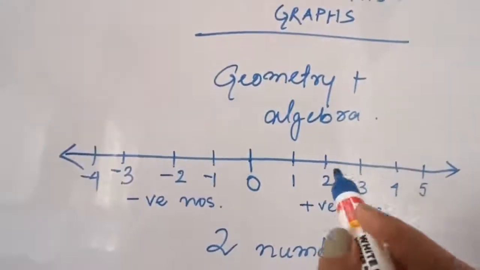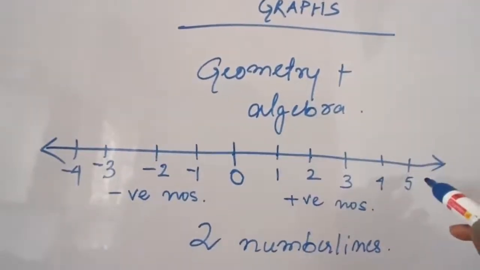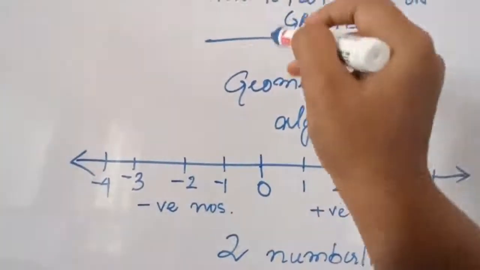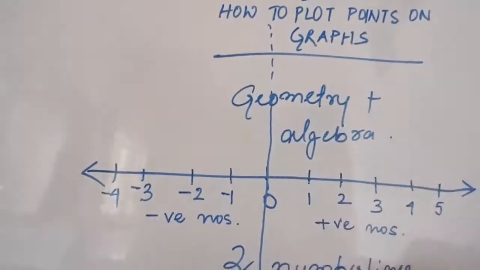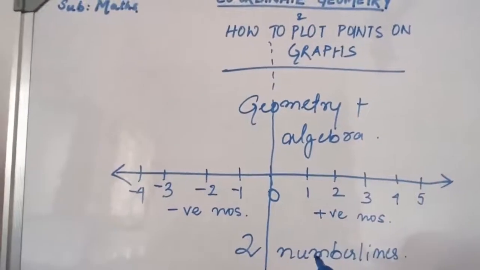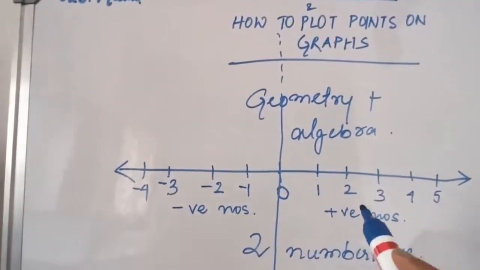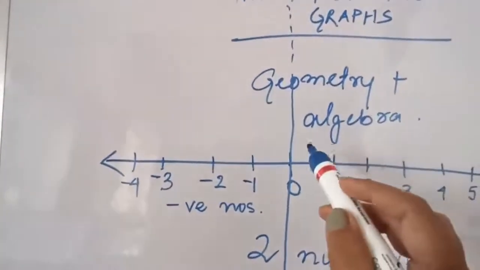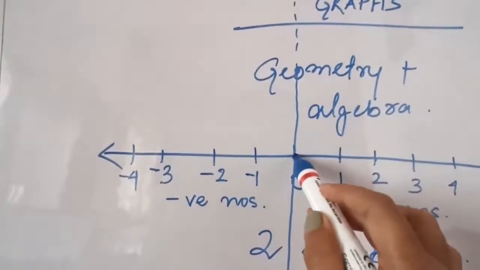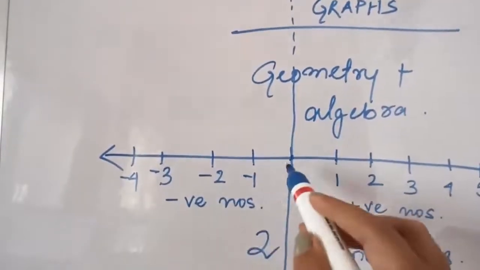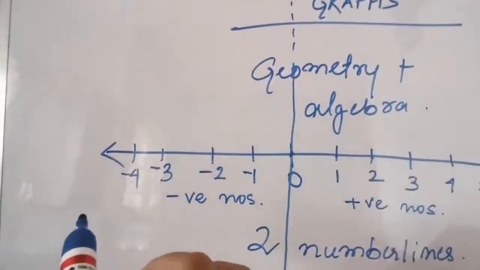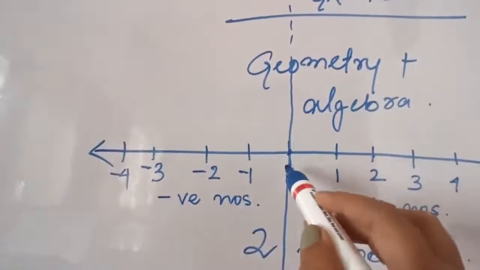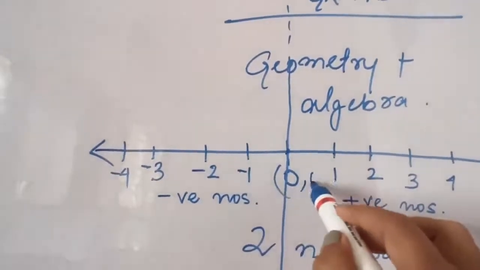We keep one number line and we bring the other number line perpendicular to it, such that both the zeros, or the midpoints, intersect at a particular point. So both have a common point of intersection, and that point is the 0.